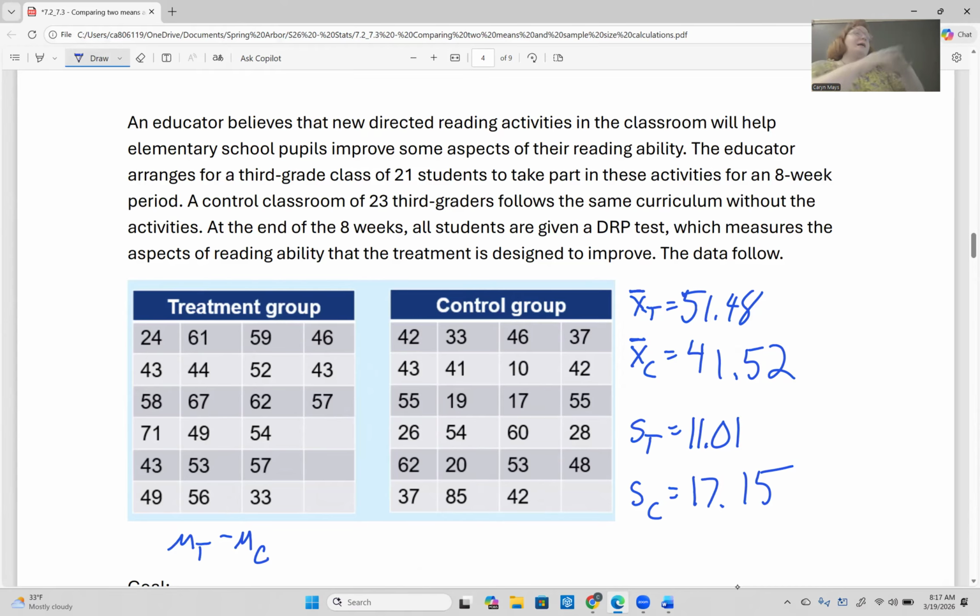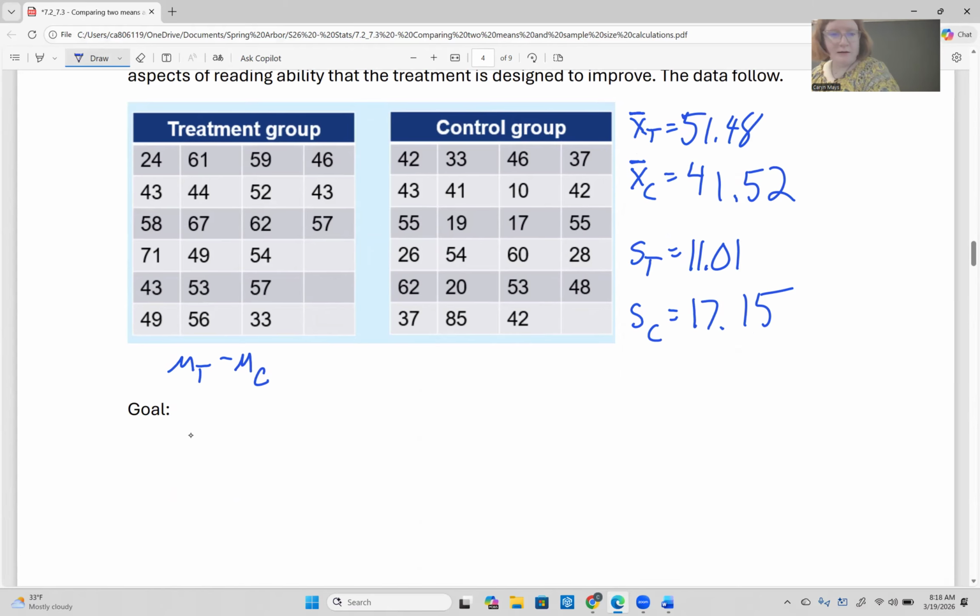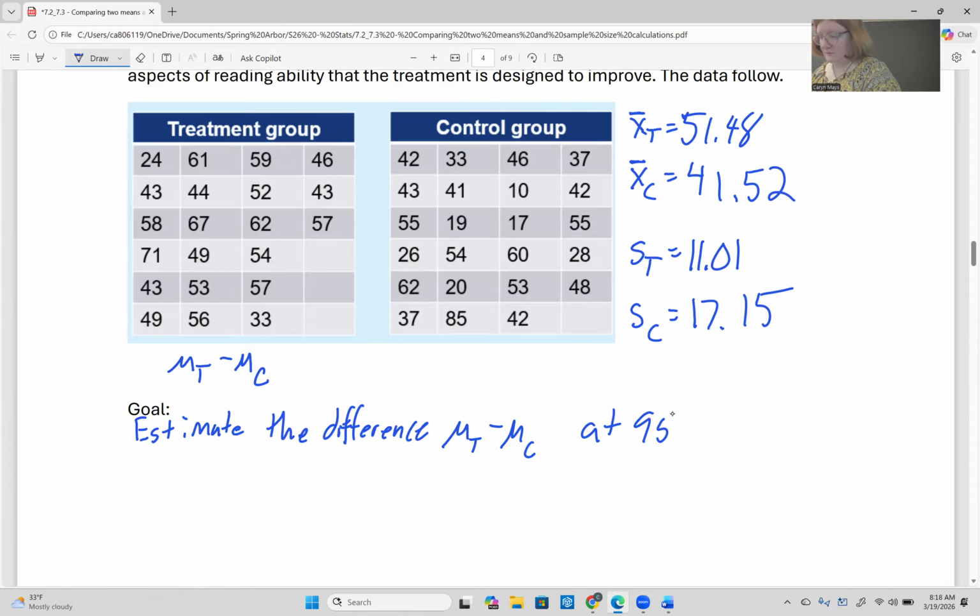So we're trying to find an interval representing the difference in the scores. So our goal is to estimate the difference between the two scores at a 95% confidence level.